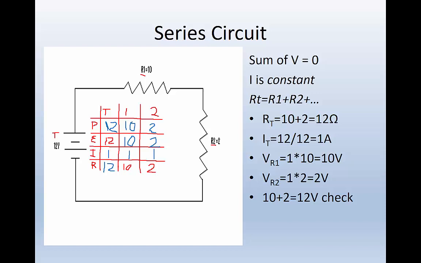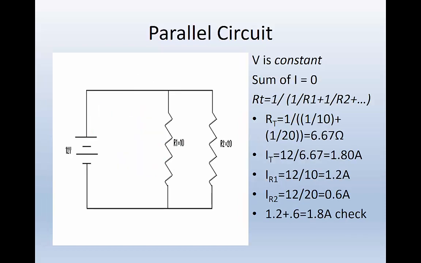Okay? Let's go on to the next one and see what we can do. Oh, now we've got a parallel one. All right, this is going to be a little tougher to draw because they took away some of my area here. So let me go back to red. All right, so here I still have total, I have 1, and I have 2. There's my values. Not too much has changed.